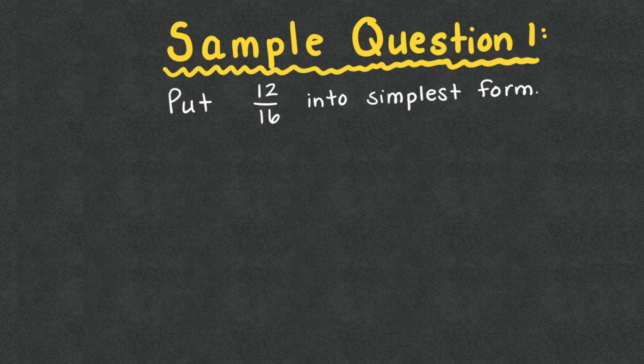So we are going to put 12/16 into simplest form. We are going to follow the method of using the greatest common factor. Now, we did look at this number earlier, so let's revisit our ideas. See if you can do this part on your own. So if we look at the factors of 12, I'm going to show you what we call the rainbow method.